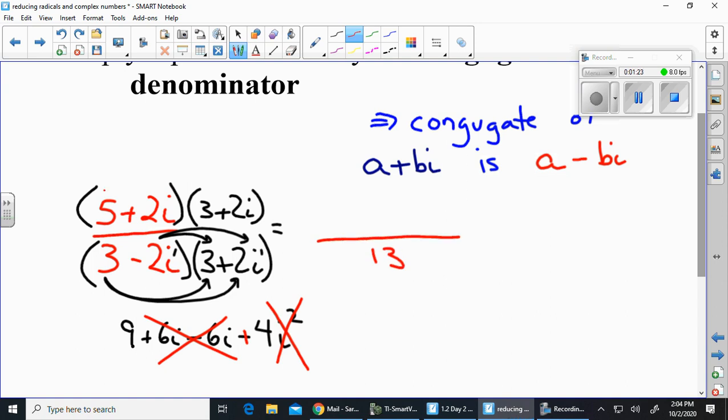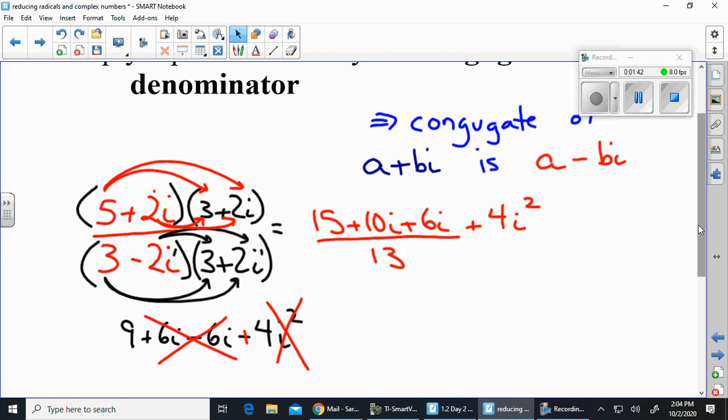On the top, 5 times 3, 5 times 2i, 2i times 3, 2i times 2i is positive 4i squared. Now you don't have the conjugate on the top, so don't expect them to cancel out.